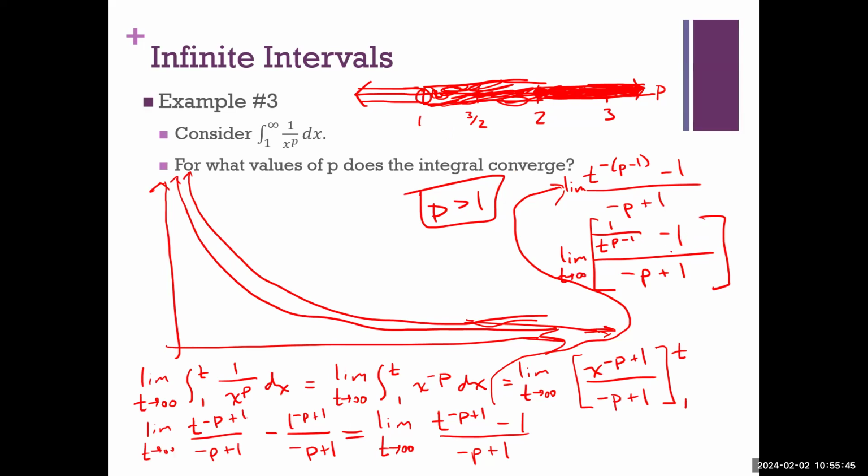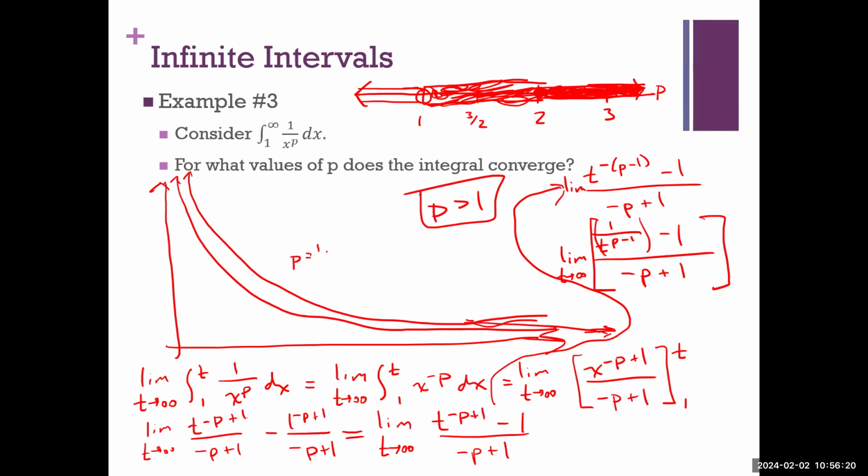So as I let t go to infinity, I want this numerator not to get really large, right? So what kinds of powers are going to make this 1 over t part of it actually get smaller? For example, if p was a half, then I would have 1 over t to the negative 1/2, right? So let's actually write that out.